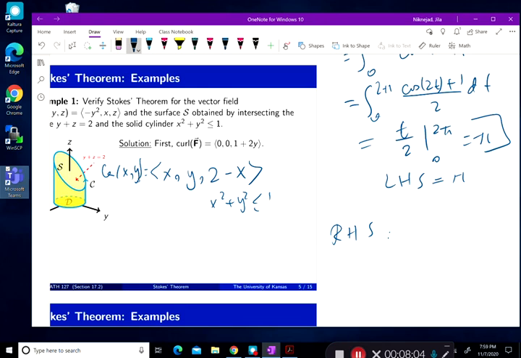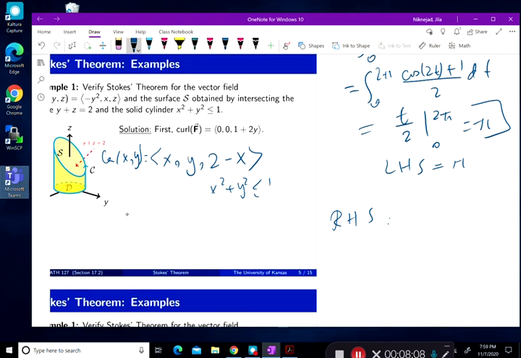Now I have to find g_x, and I have to find g_y, and find the cross product of both. So g_x is going to be 1, 0, and negative 1. Oh, I made an error in here.